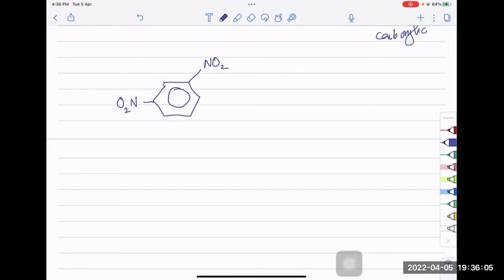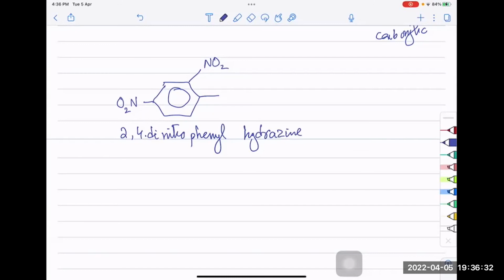And this ring, this hexagon with a ring in it, we call phenyl. So this is 2,4-dinitrophenyl. And NO2 are on the second and the fourth carbon. So why? Because on the first carbon, this one, you have another thing which is called hydrazine.